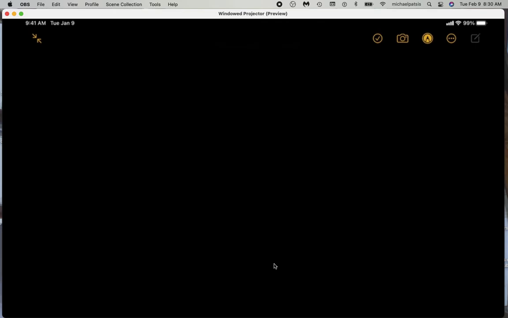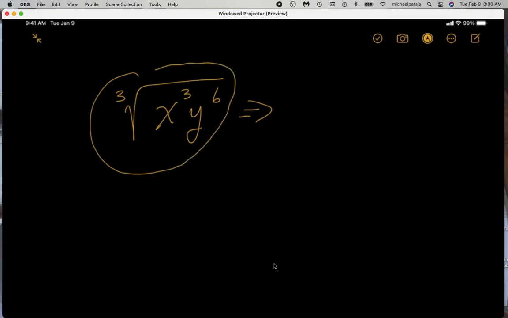Okay, so let's say you have something like this, and you're asked to simplify that. A nice way to do this is to convert this to a fractional exponent and then apply the power rule. So this is going to be to the 1/3.